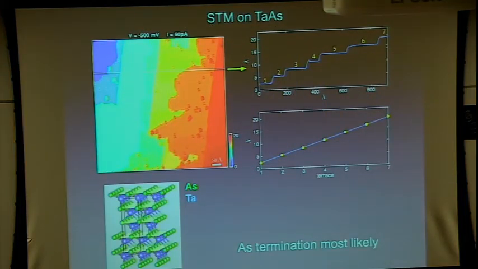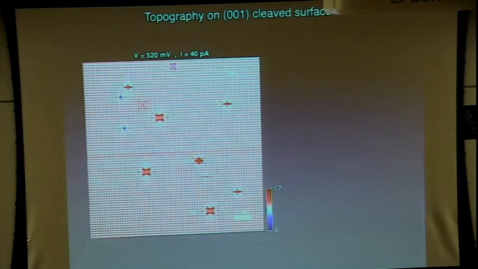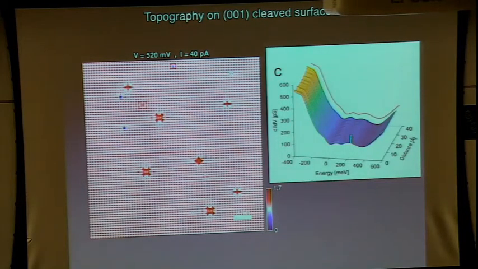So let me tell you about the experiment. We start with tantalum arsenide. We cleave it, and this is what the surface looks like. These are beautiful crystals. They give you very few defects that you can see in this relatively large field of view. And of course, it's a semimetal. It has some density of states near the chemical potential.